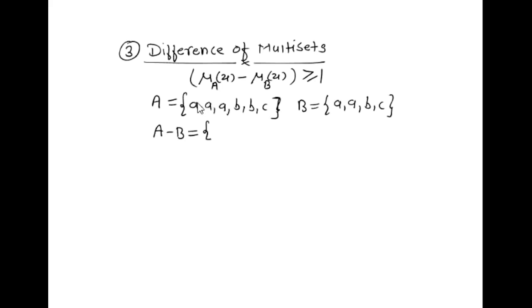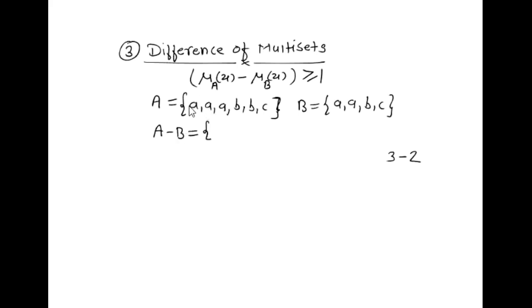If you take the first element, that is A, it is there in set A as well as in set B. The multiplicity of element A in set A is 3, and in set B it is 2. The definition says multiplicity of element x from set A minus its multiplicity from set B should be greater than or equal to 1. Then only we can include it in the difference.